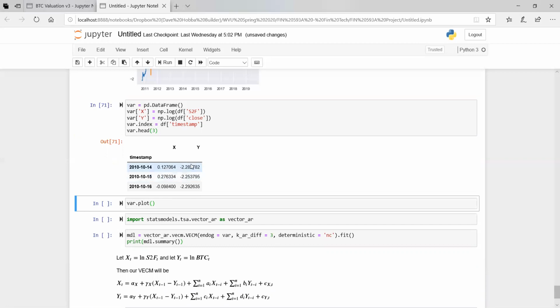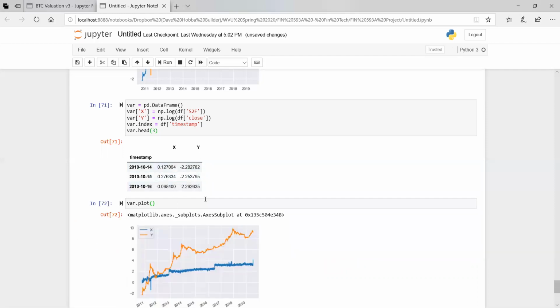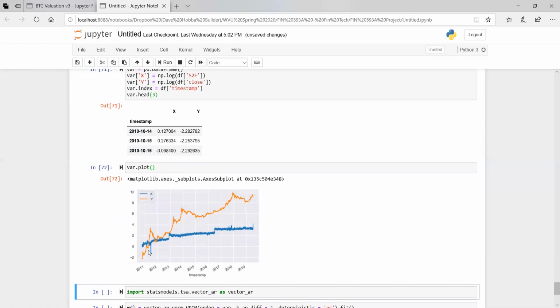Another thing to notice, here we have y is negative, and if we plot it here, this is of course the same graph that we already did, but y is negative. Y is log Bitcoin price, and of course price is assumed to be non-negative. But keep in mind, log can give out all real numbers, but the input for a log has to be positive.